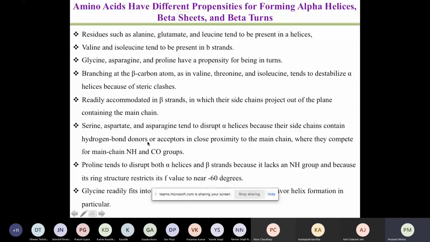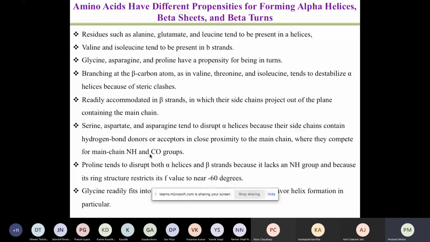These side chains contain hydrogen bond donors or acceptors in close proximity to the main chain, where they compete with the main chain NH and CO groups. There is a very interesting reason given for serine, aspartate, and asparagine. All of them have hydrogen donors, and if they have a hydrogen donor, they compete with the secondary structure formation, where the NH and CO groups present in the main chain are also forming the interaction.